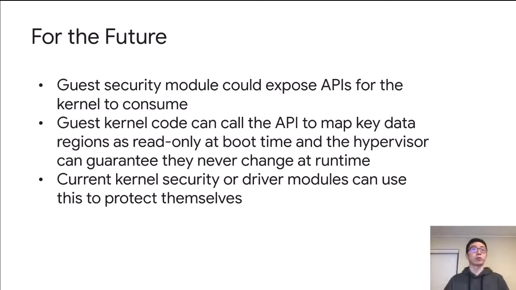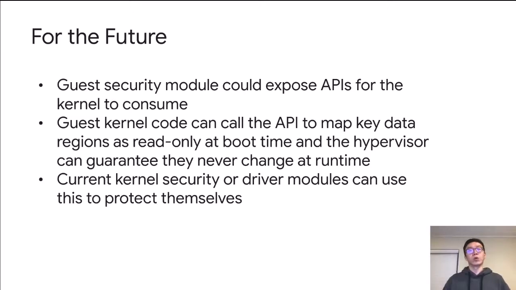And for the future, once we have the protection we talked about in place, we can extend this guest security module to expose APIs for any kernel code to consume. It can be a driver, it can be security hardening code inside the kernel. They can call the API during boot, allocate memory, write to it, and then mark it as read-only.